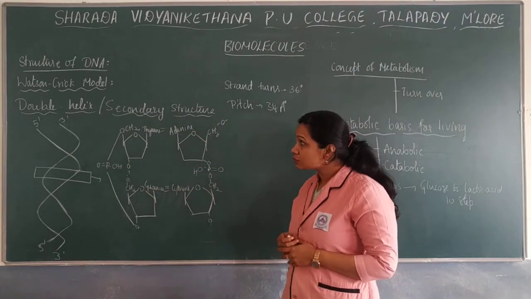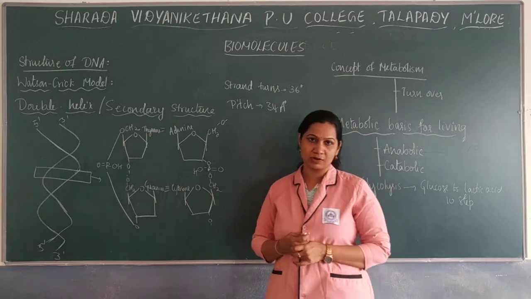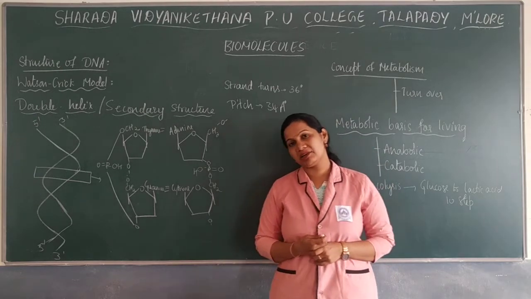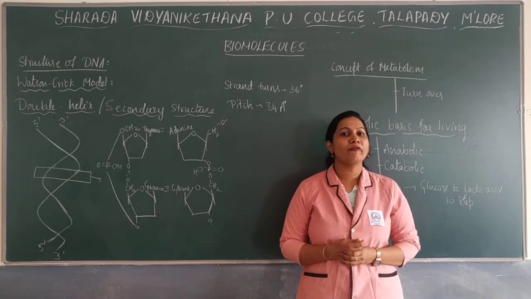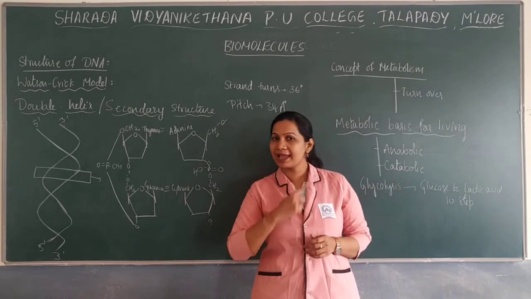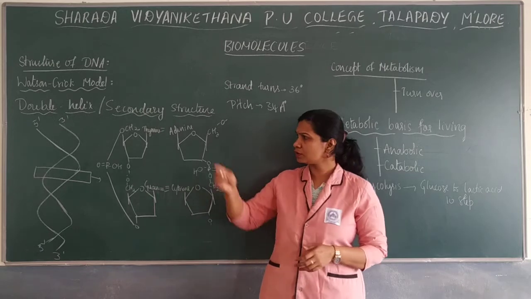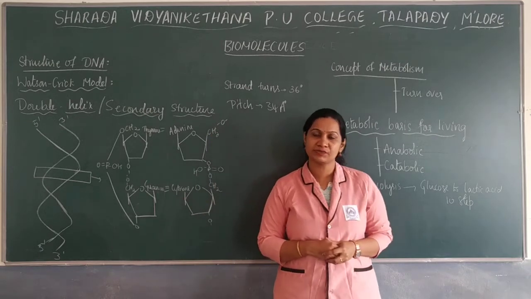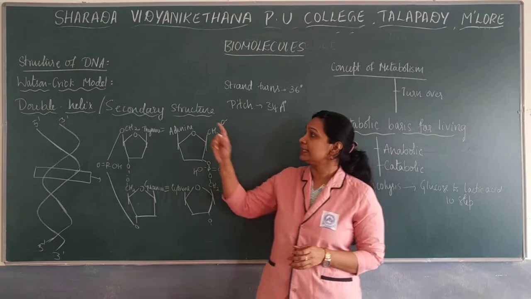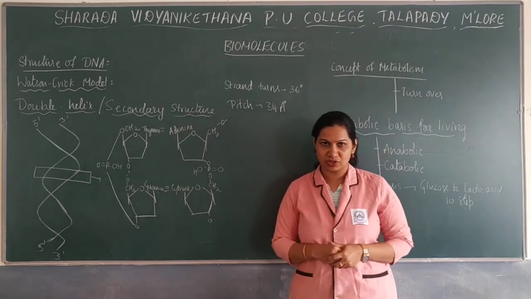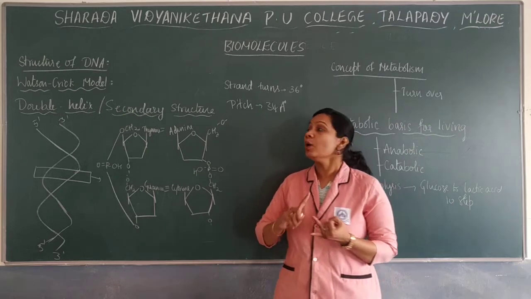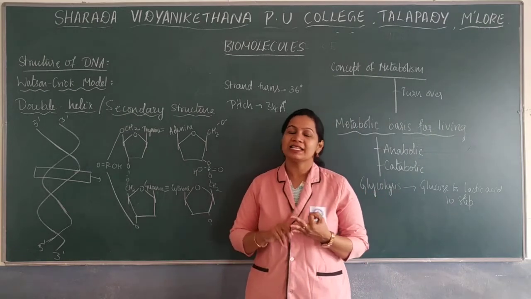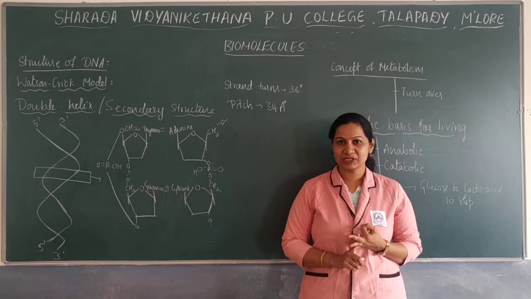It is also known as a secondary structure. Why is it called a secondary structure? In the secondary structure of proteins, there is a helical structure. This is also a helical structure, so it is known as a secondary structure. So the structure of DNA is the double helix model, the Watson-Crick model, as well as a secondary structure.